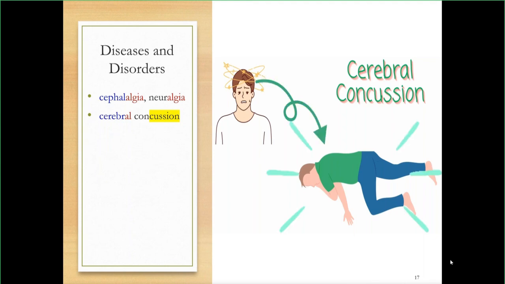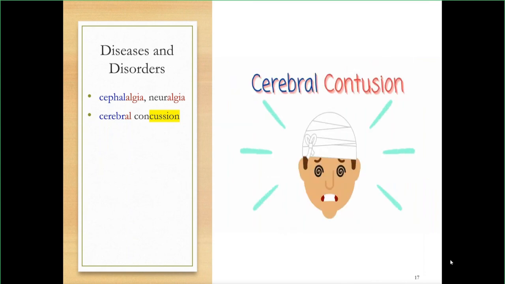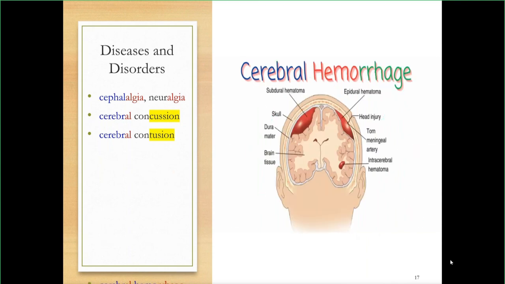As a result of a blow to the head. Cerebral contusion is bruising of the brain tissue as a result of head injury. Cerebral hemorrhage, hemo means blood, and rrhage means excessive bleeding. So, cerebral hemorrhage is the result of the rupture of a sclerosed or diseased blood vessel in the brain.